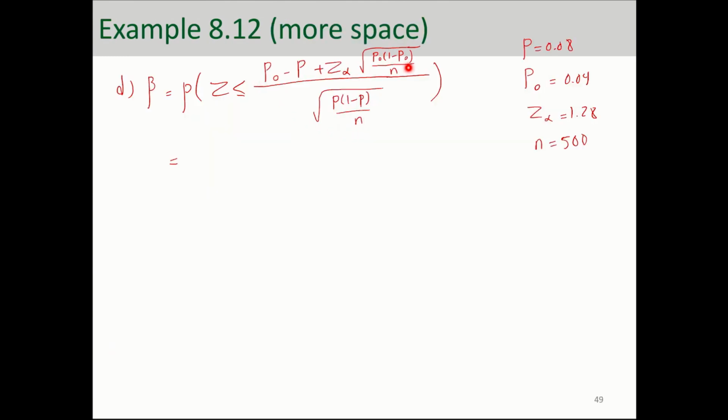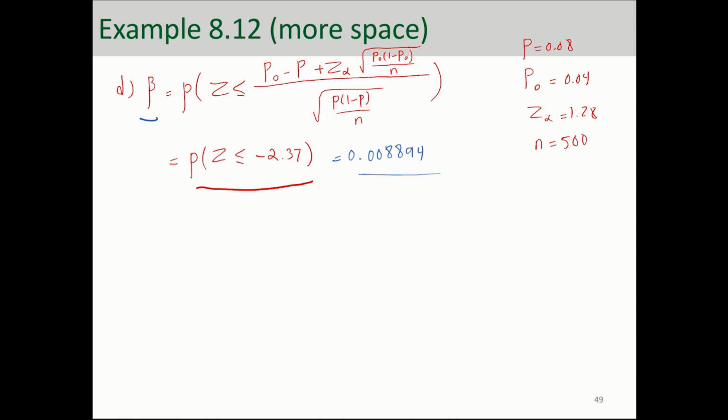So here, if we replace all these parameters to calculate beta with the numbers that are given here, then do the math, you get to probability of z less than or equal to negative 2.37. Now you can read that from the z table, and when you do that, you'll get 0.008894. Very small percentage. And that's the probability of type 2 error, beta.